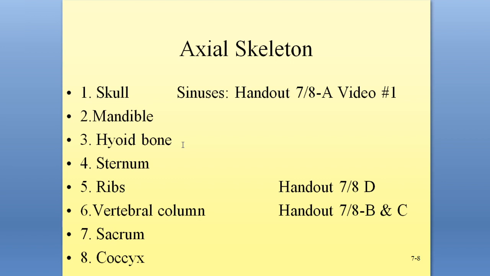So with the axial skeleton, I'm going to go over a couple of handouts regarding our skull and spinal column, and then we're going to have a few handouts on the rib cage and that kind of stuff. And then we're going to move to the appendicular skeleton, spend a short amount of time with our arms and legs. Just a little bit of information that was not covered in lab. All right, so fun stuff.